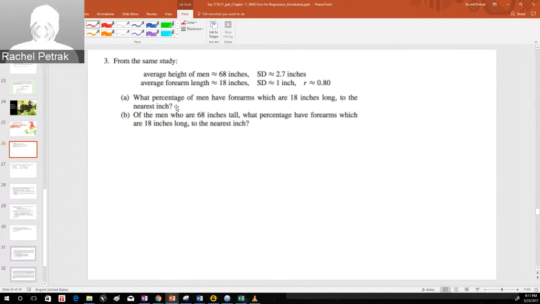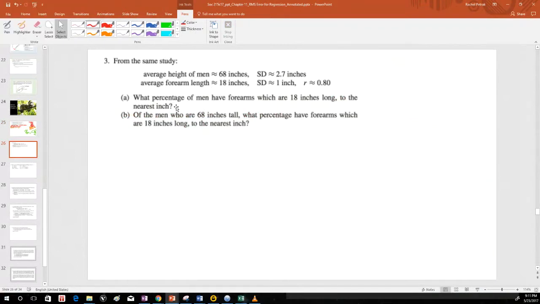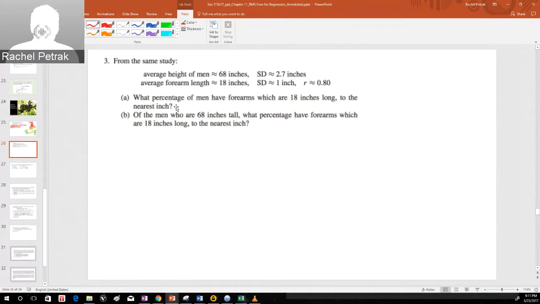I'm assuming that because they say to the nearest inch, the 18 inches long is a range of scores from 17.5 to 18.5. Exactly, and since it's the average, we can just use the standard deviation for the average. And let's see.